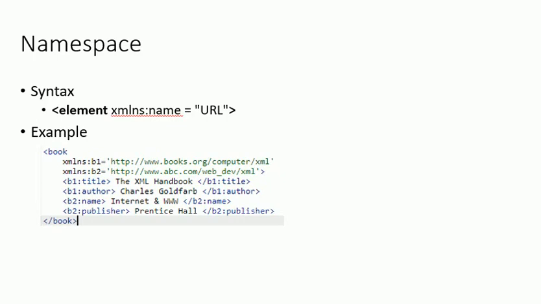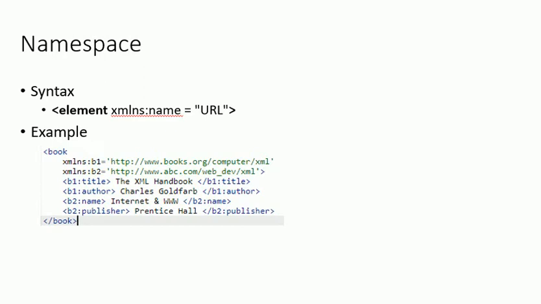Next is the concept of namespaces. When we create our own tags, there may be a lot of ambiguity. For example, assume two institutions use the same department tag.